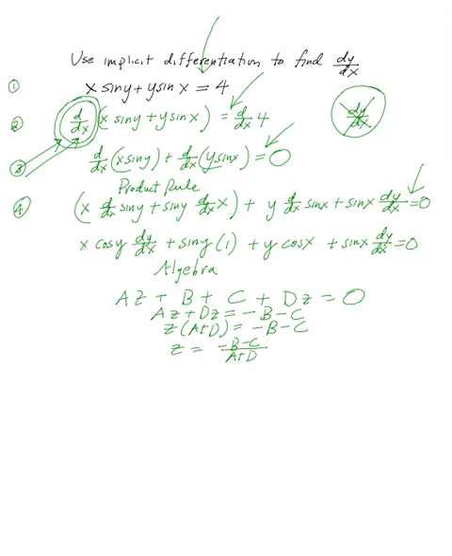So I'll do the same thing right here that I did here. I'll keep the terms with dy dx on the left, and I'll bring the other terms to the other side by subtracting, since they're added over here on the left.